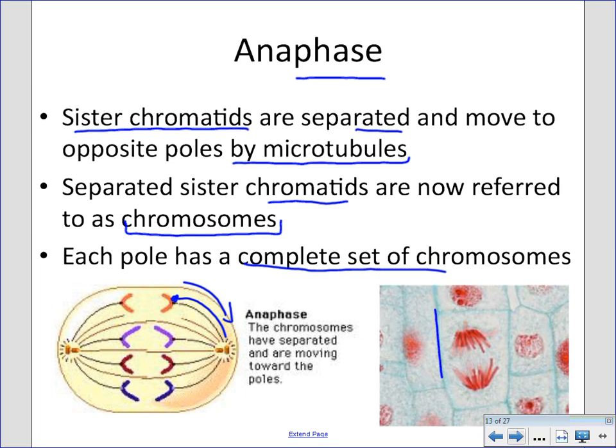So microscopic images of a cell in mitosis at that anaphase stage will look like two sets of chromosomes moving to opposite ends of the cell. It should kind of look like fingers extending towards the center of the cell, but there should be distinct staining in two sets, or two areas of the cell.